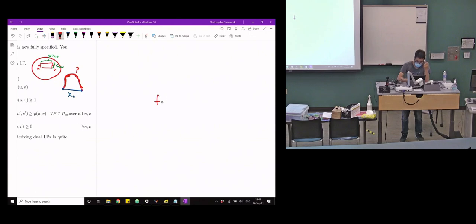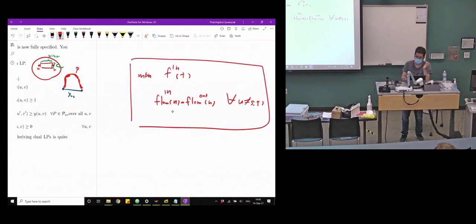You write a constraint that for every node U, flow into U equals flow out of U, except at S and T, and you want to maximize flow into T, something like that.